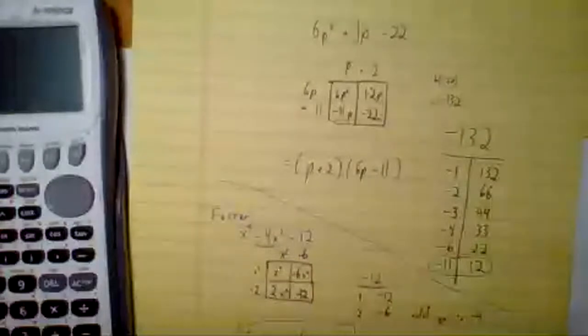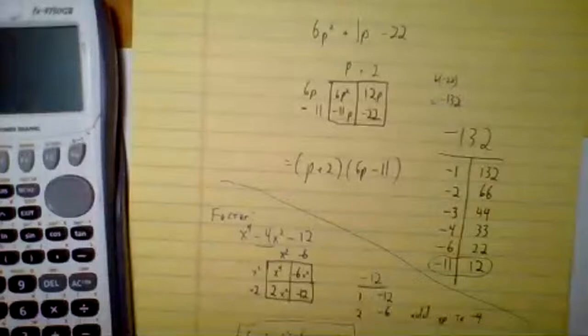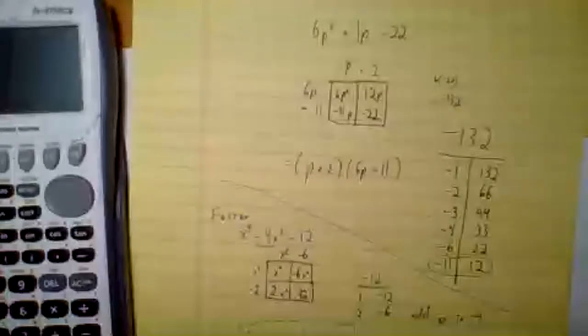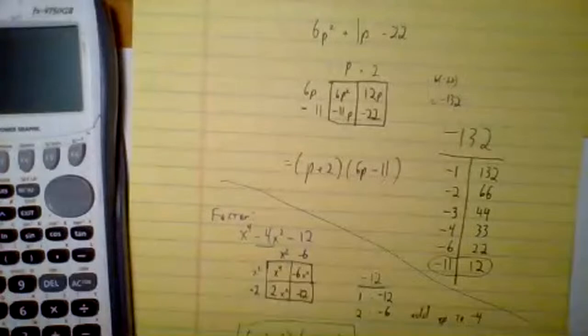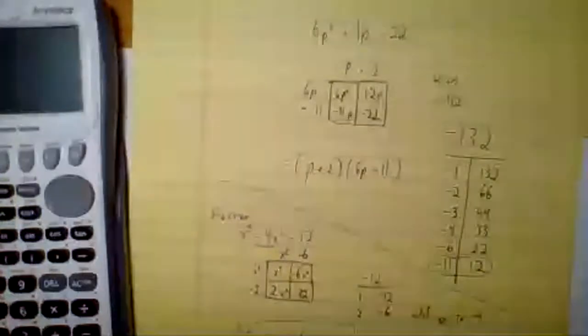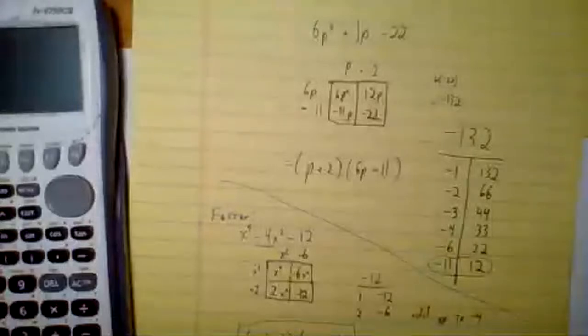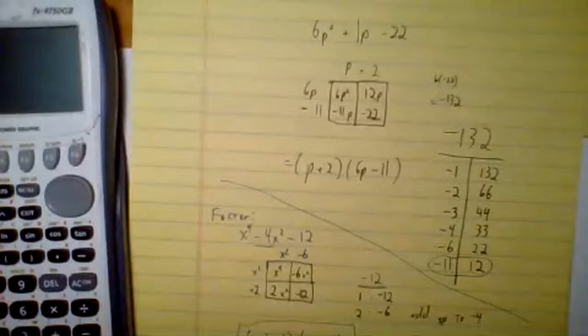So I'm copying down the fact that 6p squared plus 1p minus 22 factors into this form, p plus 2 and 6p minus 11. And I'm going to think about how that affects some long division problems.